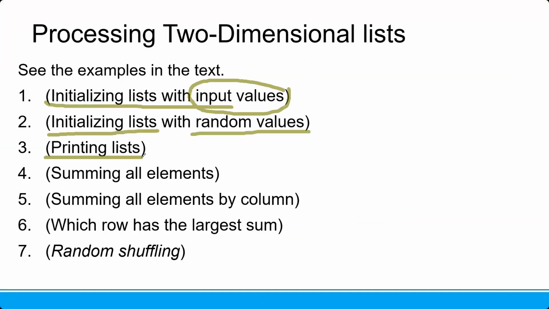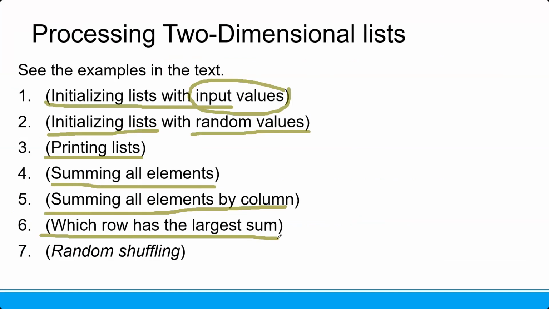We need to find a way to print the list. So I want to sum all the elements, or sum all the elements by column, or find which row has the largest sum. We can do random shuffling. So let's look at this processing one by one.